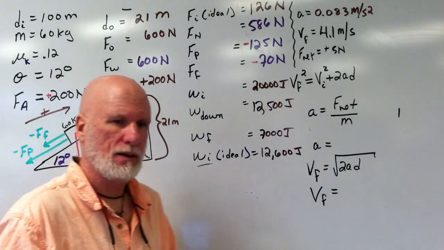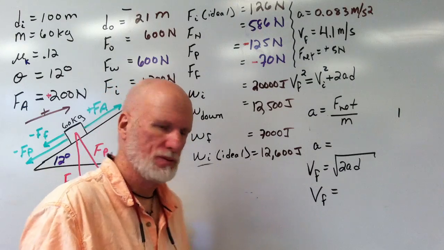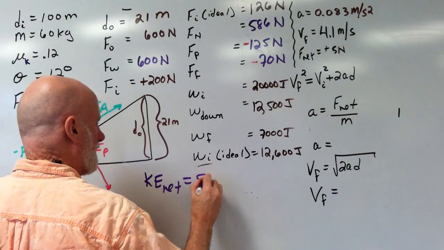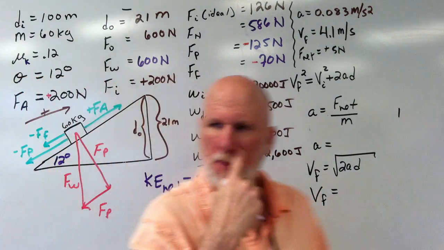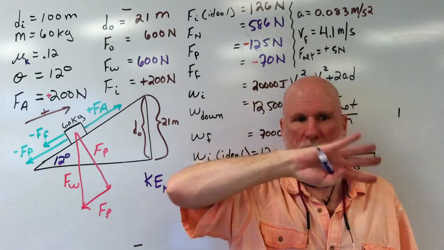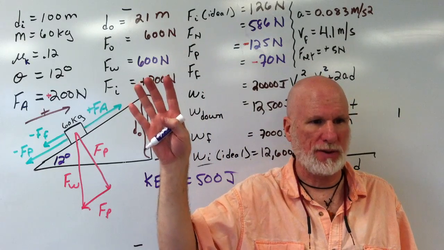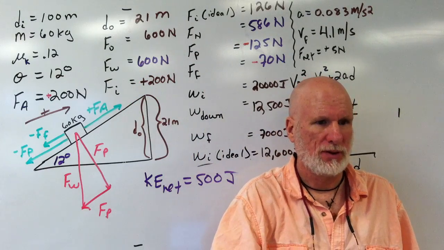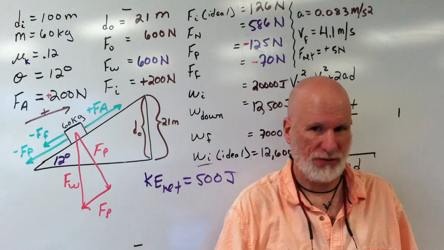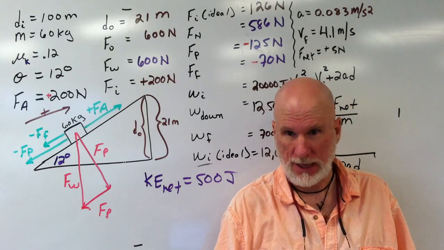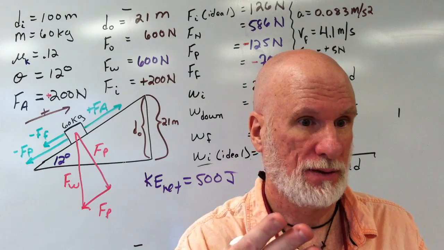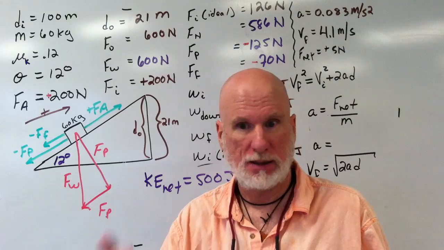Isn't it going to be 500 joules? So the kinetic energy net equals 500 joules. From all the total kinetic energy I started with, I have to subtract off the friction work, right? And now I'm left with the 500 joules, right? Okay.